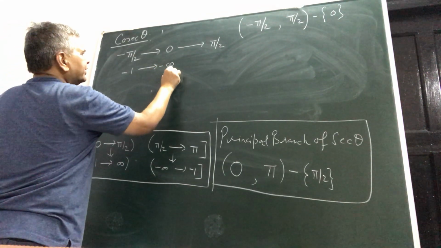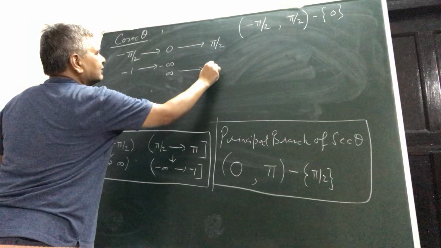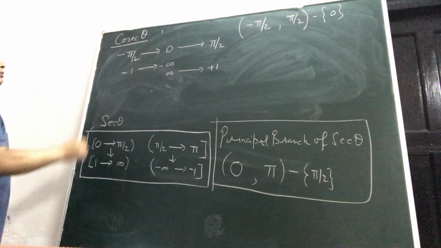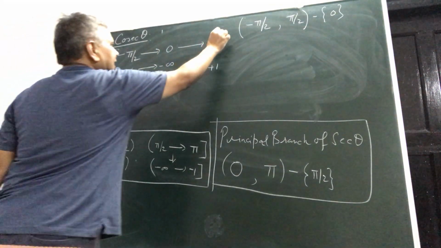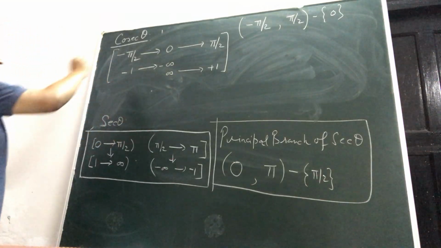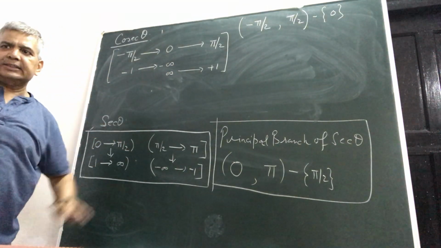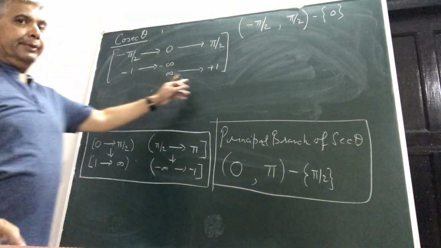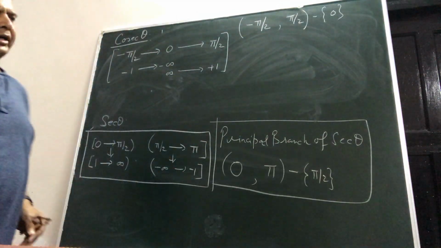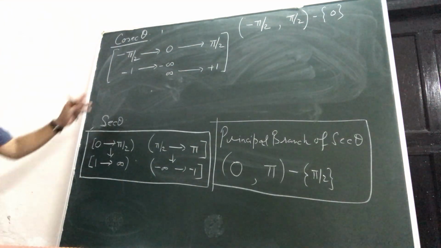And here you will be going from infinity to plus 1. This is what you need to remember. This is for cosec theta. These two results, please do write them. I will be giving you a summary later on, but remember it.